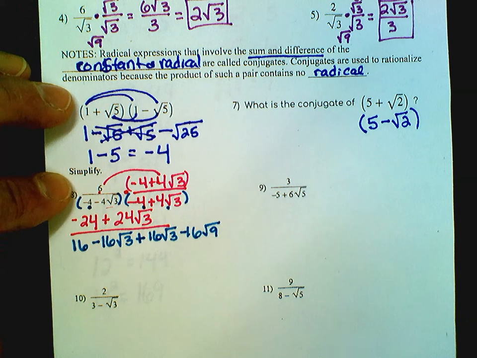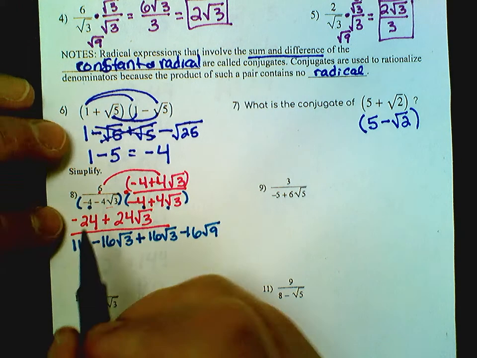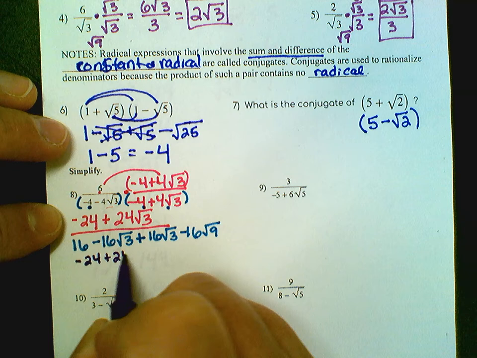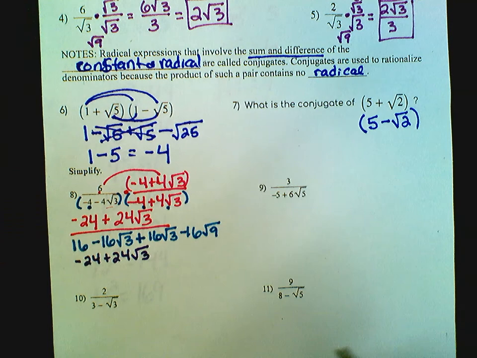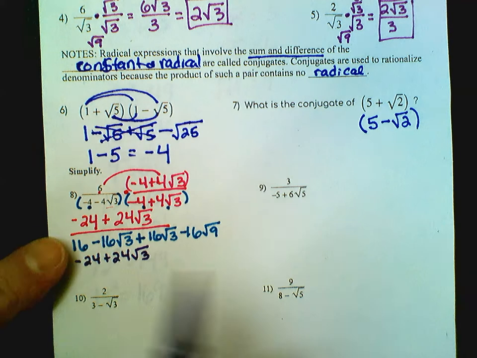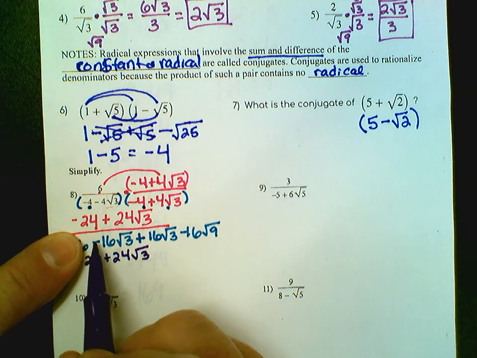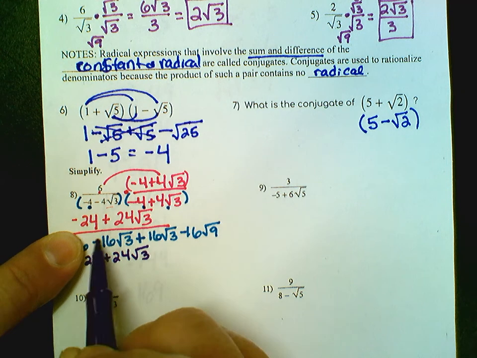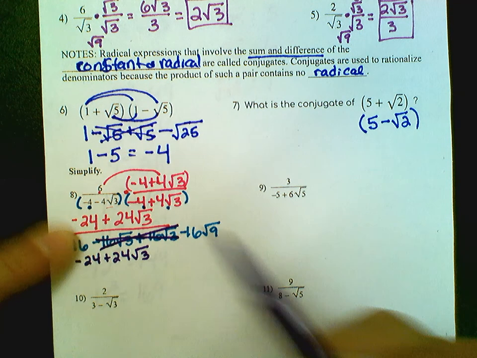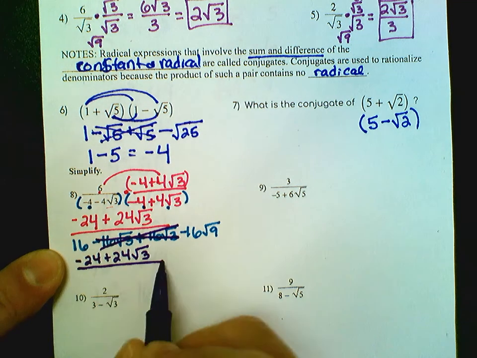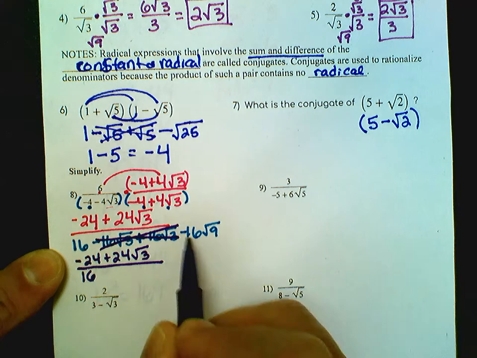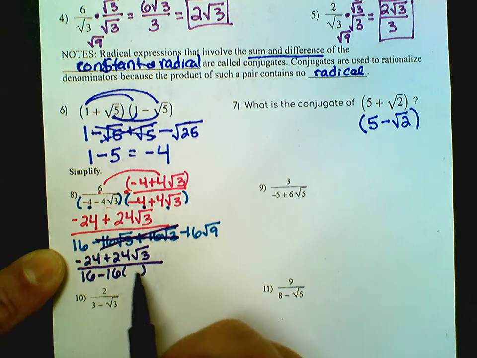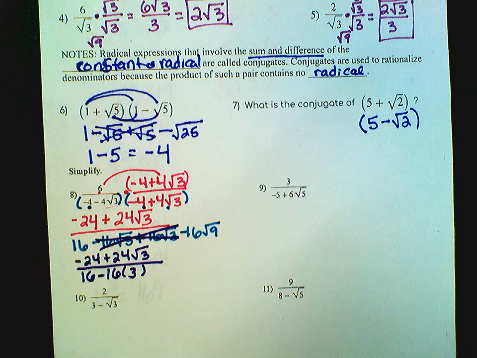All right, so let's simplify this as best we can. This gives me negative 24 plus 24 times the square root of 3. This is a negative 16 times the square root of 3 plus 16 times the square root of 3. So again, that's 0. So the denominator has 16 minus 16 times the square root of 9, which is 3.